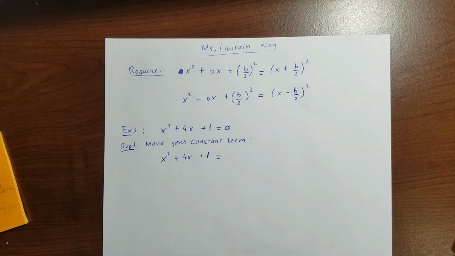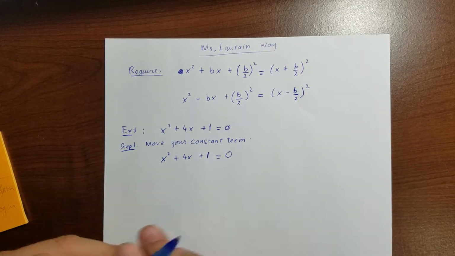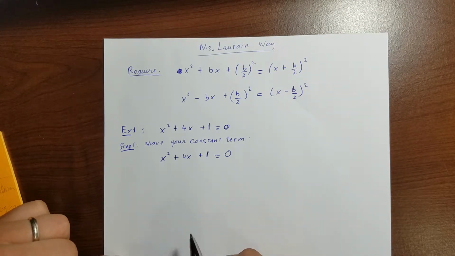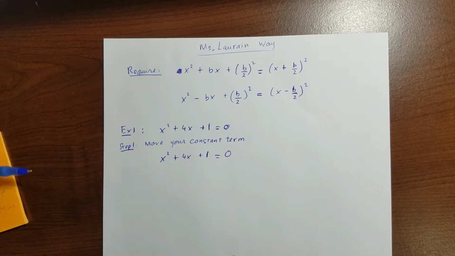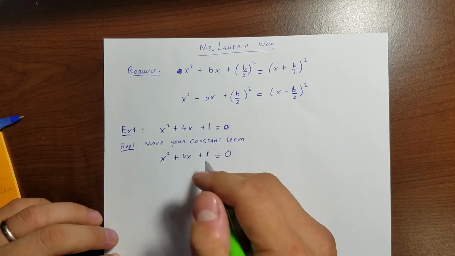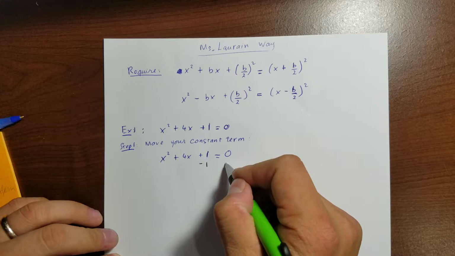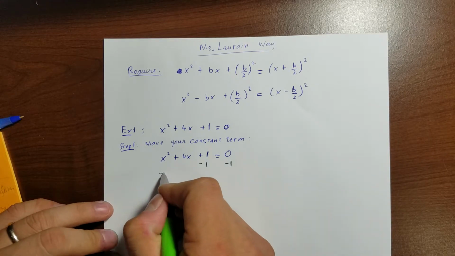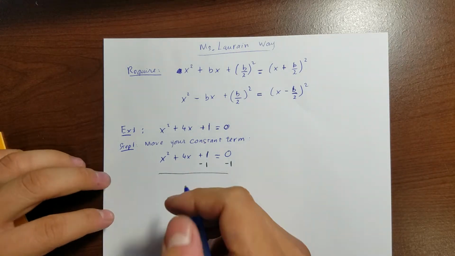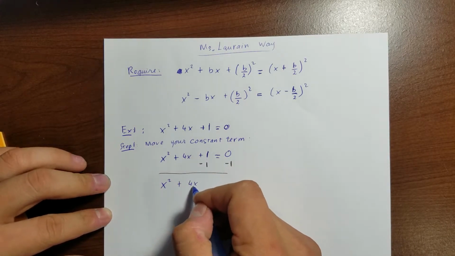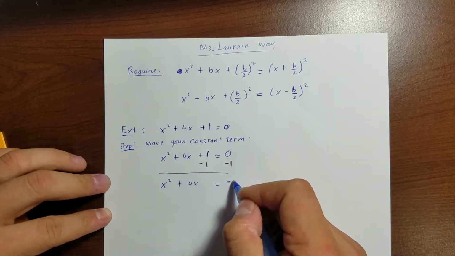Hopefully you can identify that your constant in this case is 1. So to move your constant, all you have to do is subtract 1 on both sides, which will give you x squared plus 4x equal to -1.